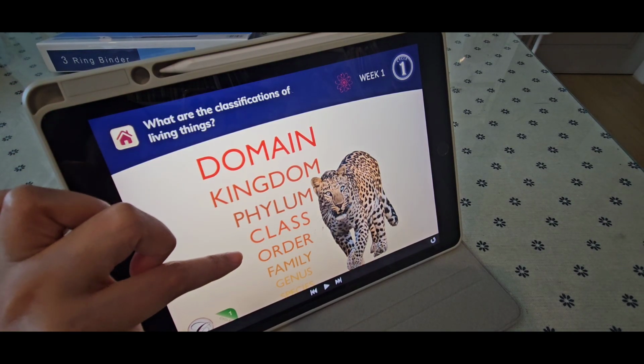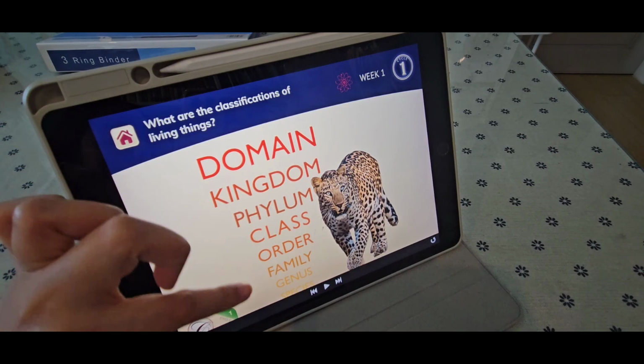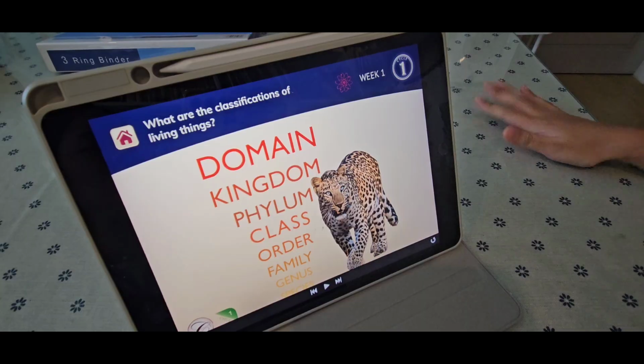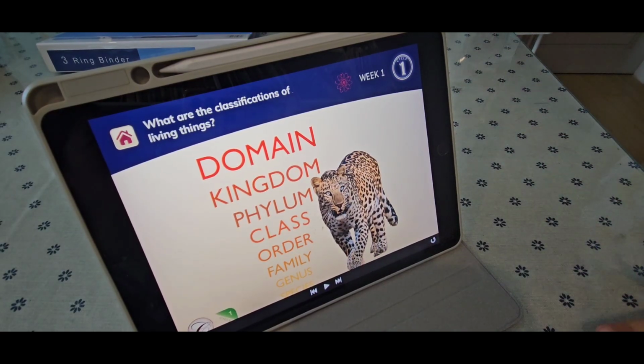DKPCOFGS. Domain, kingdom, phylum, class, order, family, genus, species. Those are the classifications of living things.